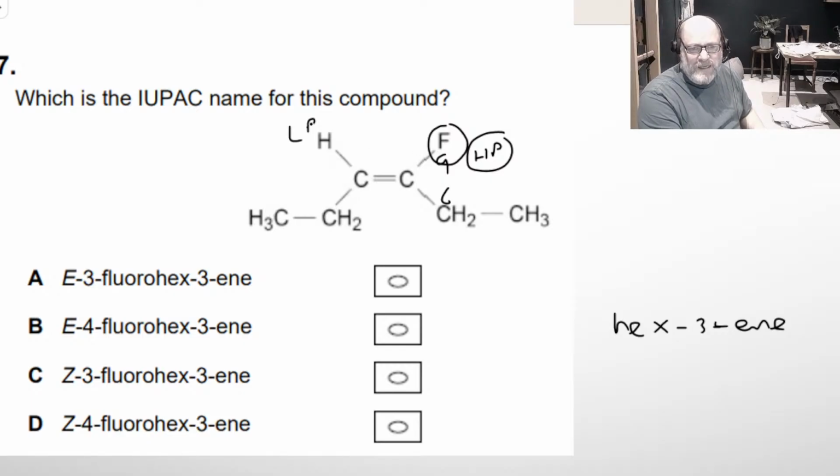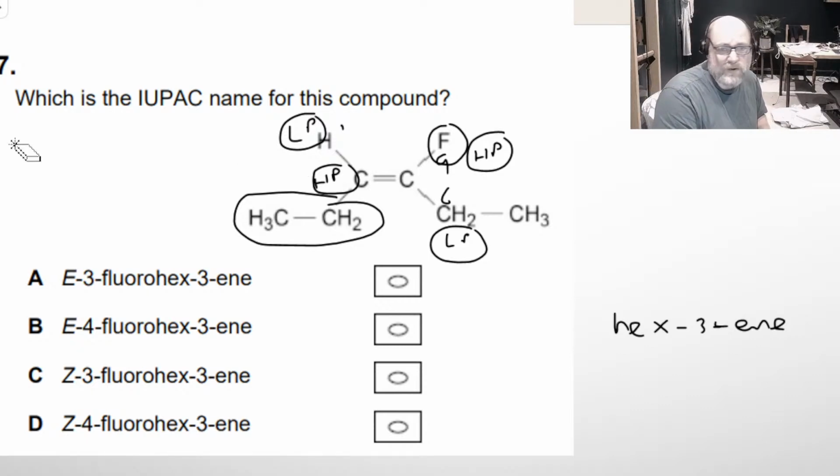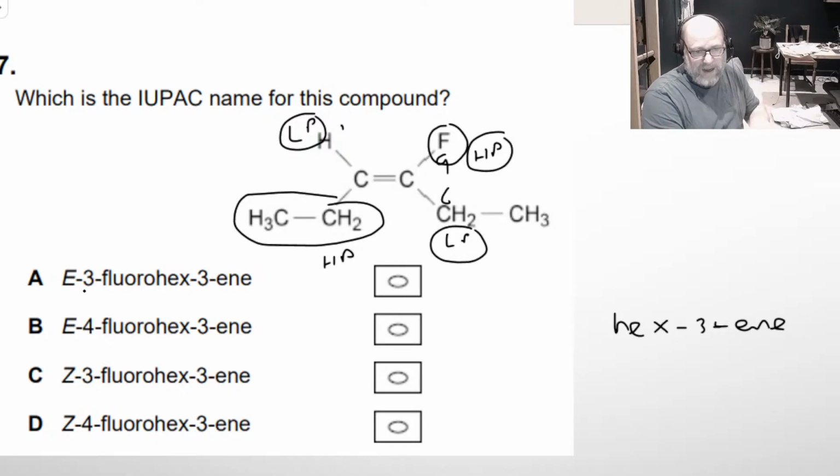However, this is low priority. Hydrogen has an atomic number of 1, and we have an ethyl group here with an atomic number of 6 on the first carbon, so we're going to call that high priority. That means the two high priorities are on opposite sides, or you could say the two low priorities are on opposite sides. Everyone cool with the fact that that makes it E, so it must be an E.